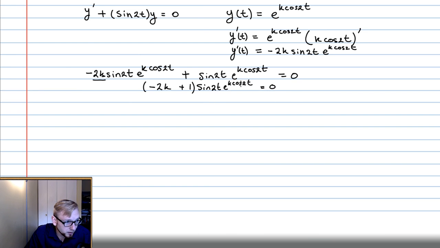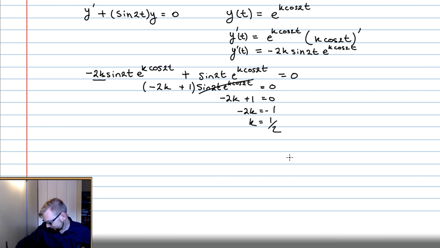If we divide by this, it becomes 0, so it's gone. We're left with negative 2k plus 1 equals 0. Negative 2k equals negative 1, and k equals 1/2. Boom! Which means if we plug in 1/2 for k, this will be the final solution to our differential equation.